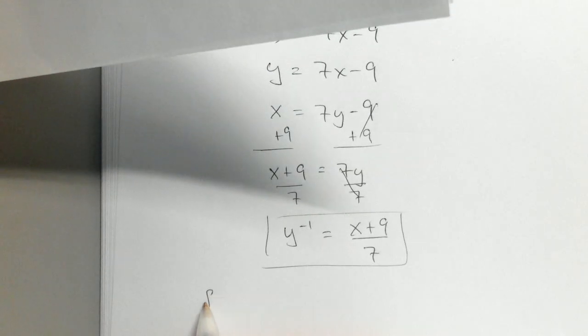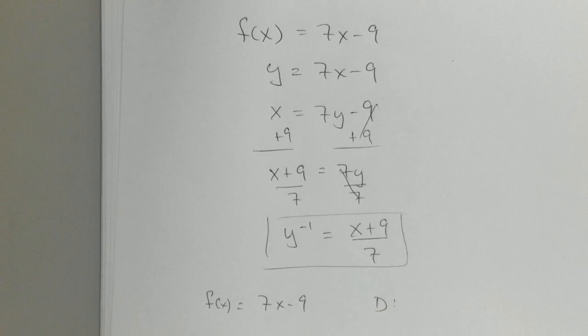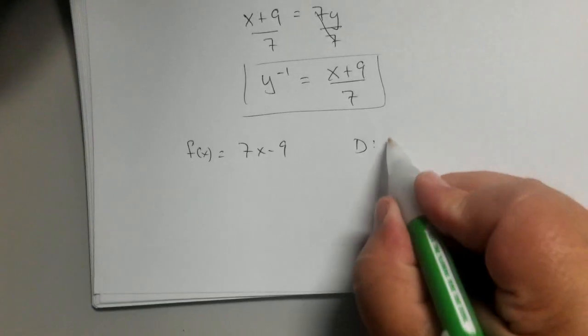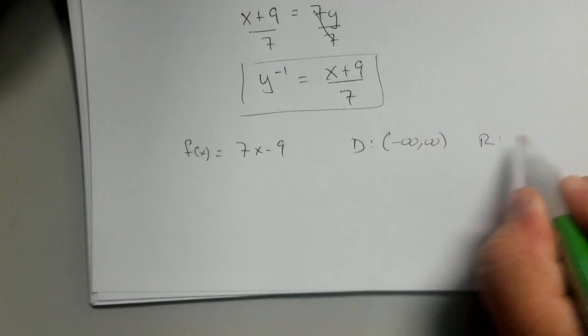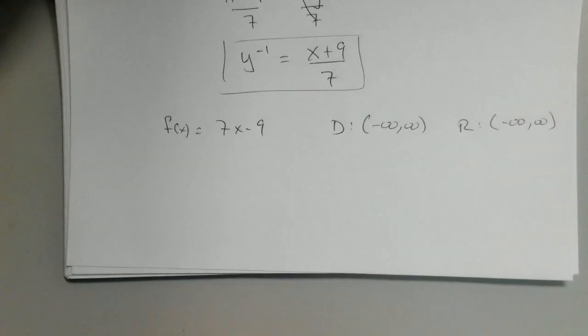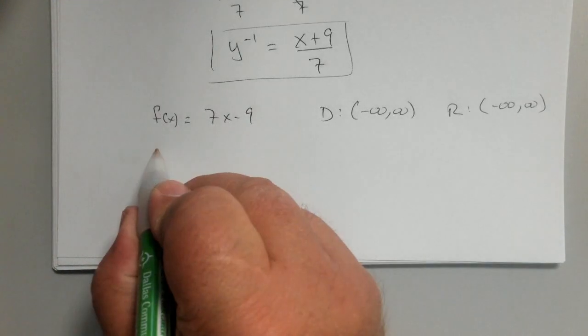So the domain of 7x minus 9. What's the domain of this one? Negative infinity to positive infinity. What's the range? Linear equations usually have all the numbers.